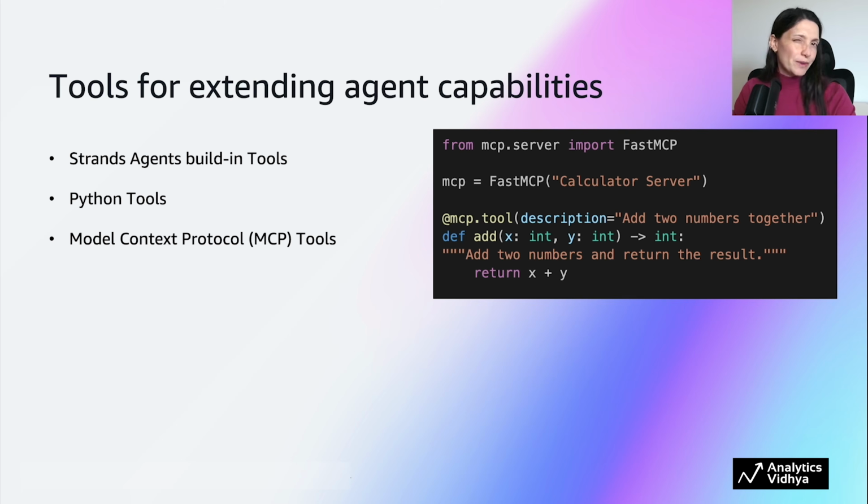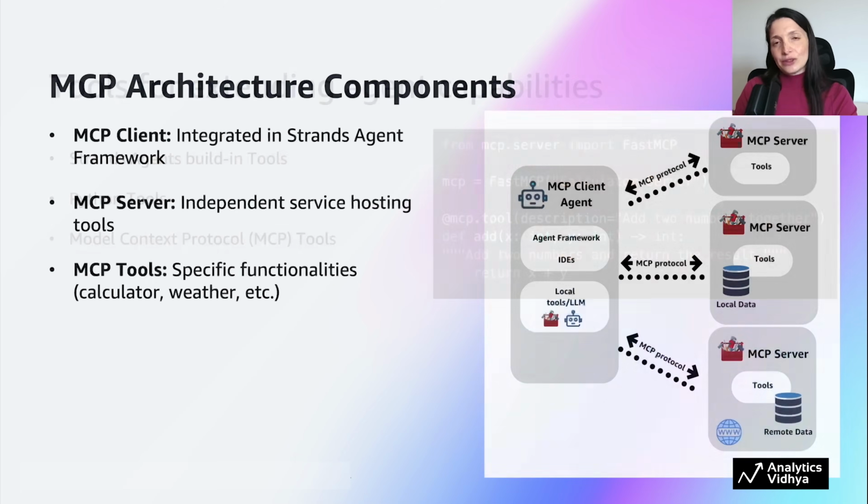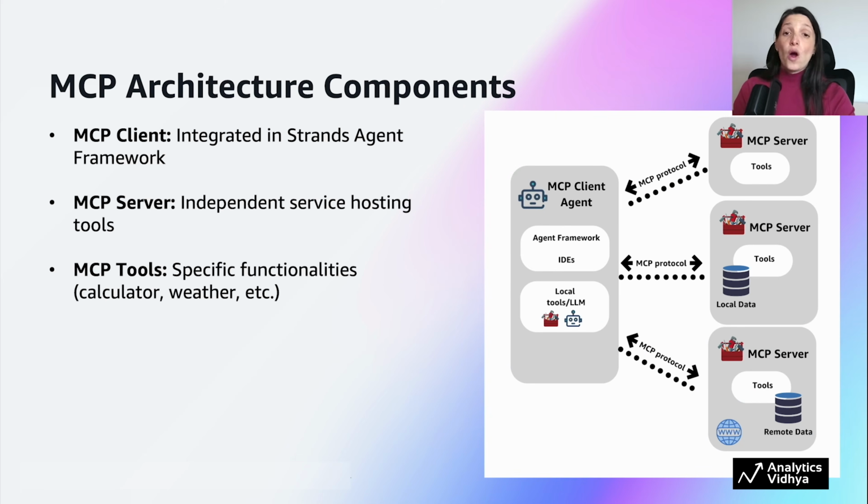To help you better understand MCP, let's talk about its architecture. MCP architecture consists of three key components working together. We have the MCP client, integrated into the Strands Agent framework. It handles all protocol communication. Then we have the MCP server, an independent service that hosts and manages tools, exposing them through the standardized API.